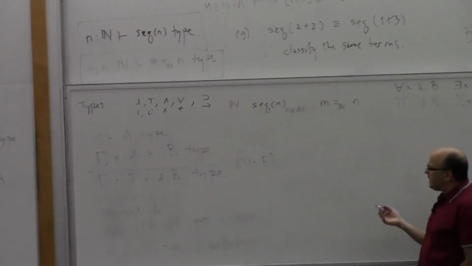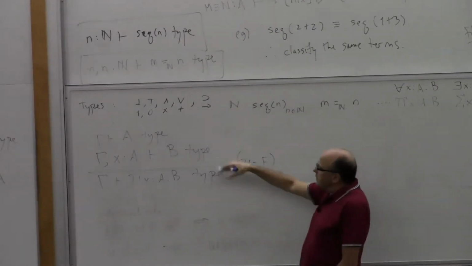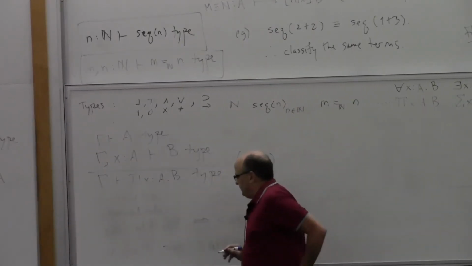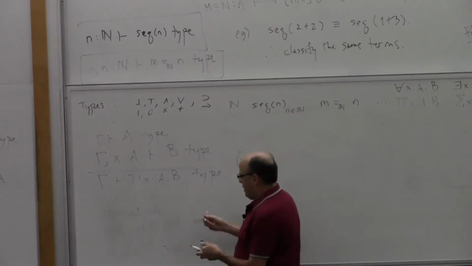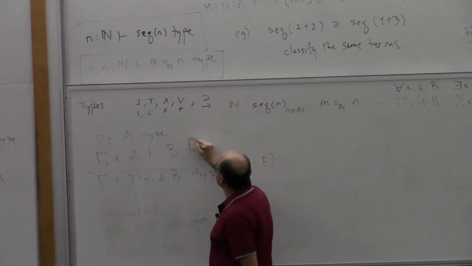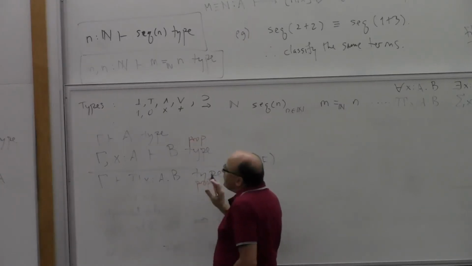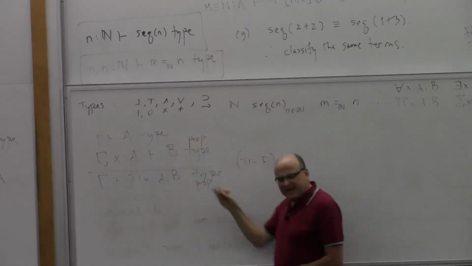If you look at this by analogy, from the point of view of logic, what I would pencil in here is that this would be a proposition, and this would be a proposition. But if you're thinking of it as logic, that would remain being a type.